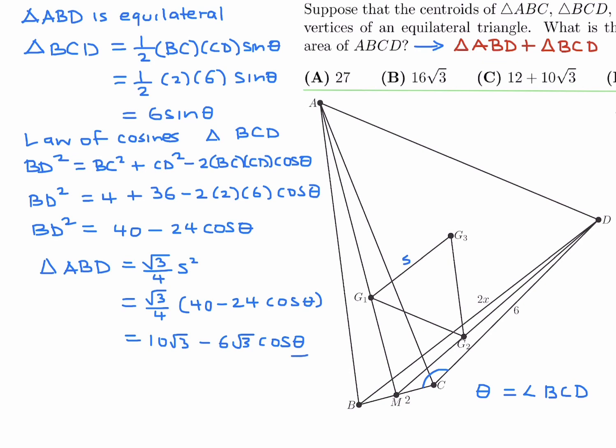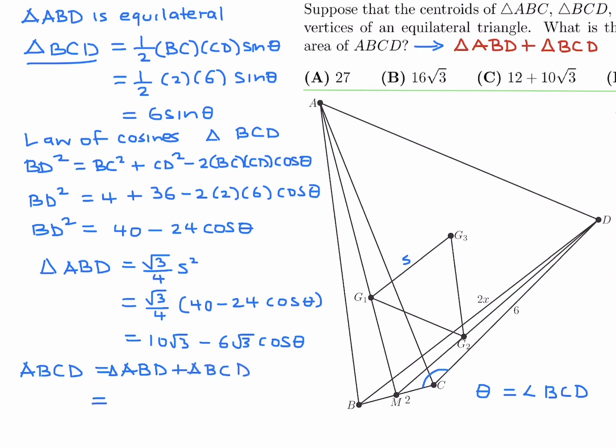We still have to eventually handle the theta in some way, but at least we've got an expression for that. Now let's try to get an expression for BCD. Okay, well BCD I think we already did right here, 6 sine theta. So we've got it. We've got everything. ABCD is equal to ABD, that triangle, plus the triangle BCD.